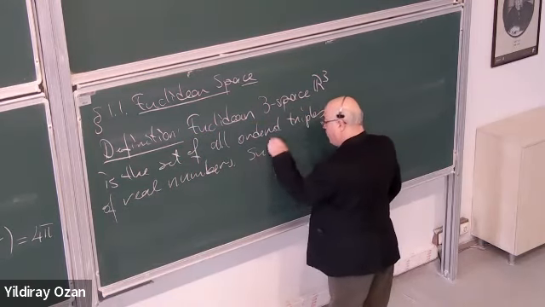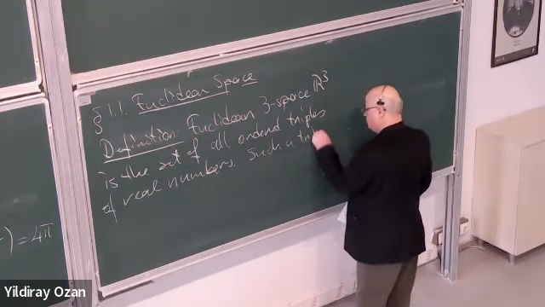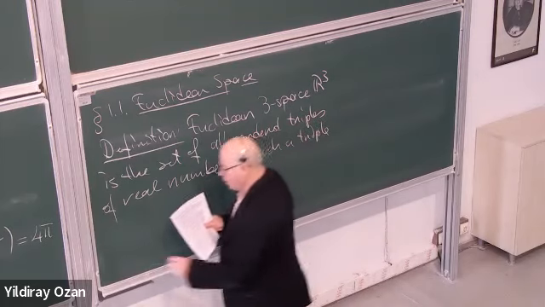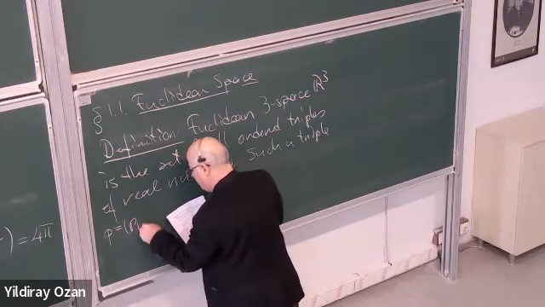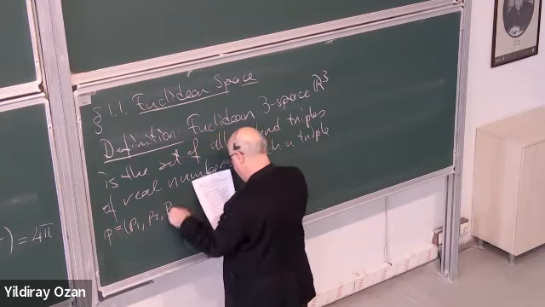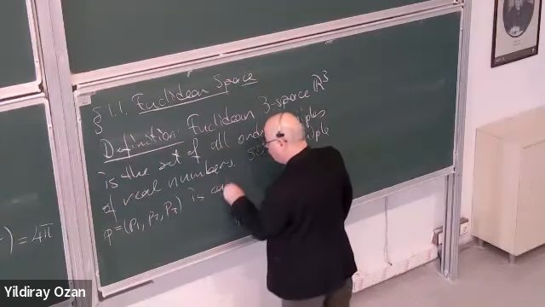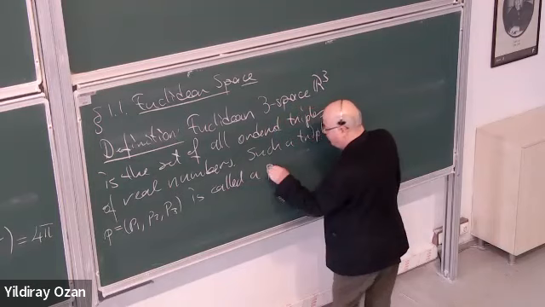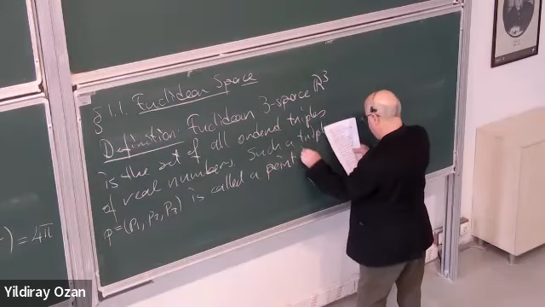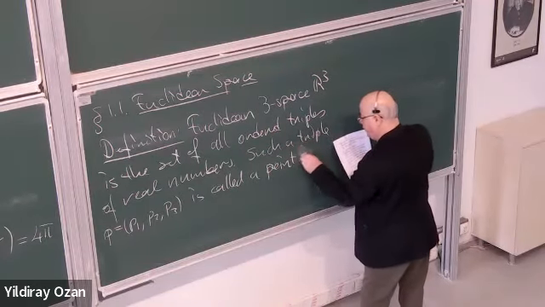Such a triple, let's say P1, P2, P3, is called a point of R3.